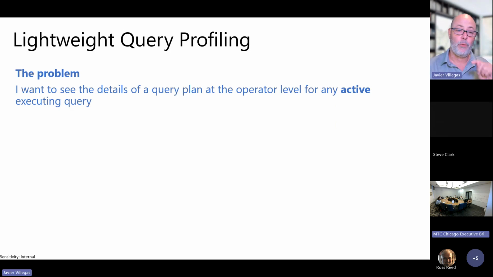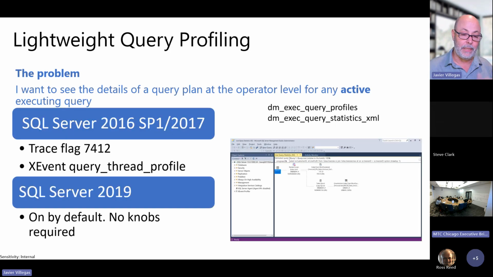Now, with lightweight query profiling, which, by the way, is enabled by default in SQL Server 2019 and onwards, but also can be enabled with trace flag 7412 in 2016 Service Pack 1 and 2017, what you have is this estimated execution progress. What is that?